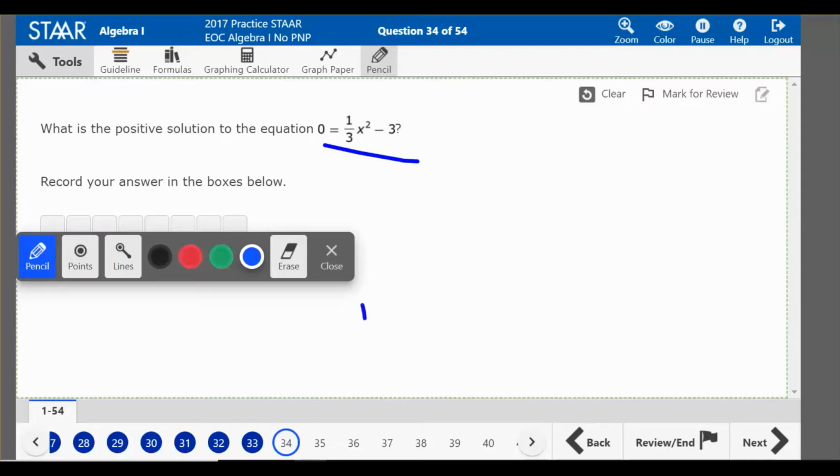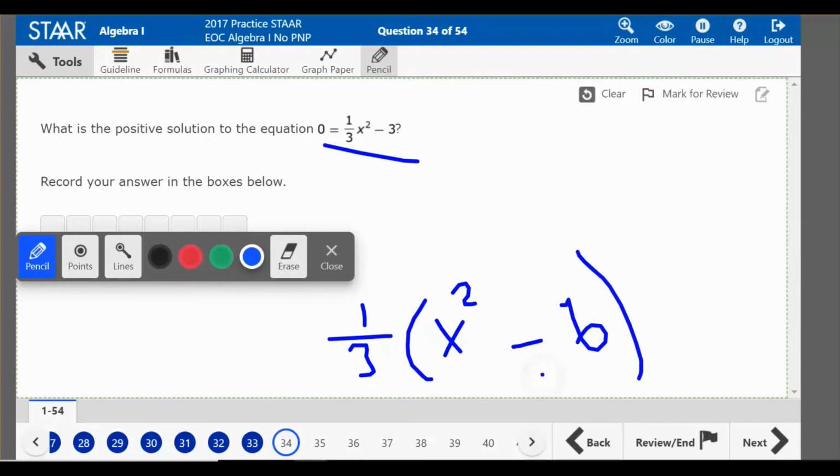You would have to factor them out. 1/3 equals 2 x squared minus, not 3, 6. So x squared minus 6 is equal to, hold on.